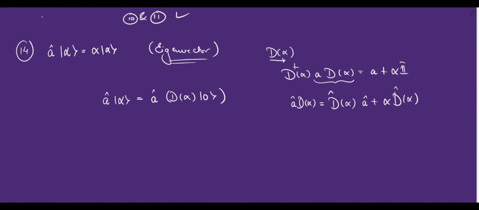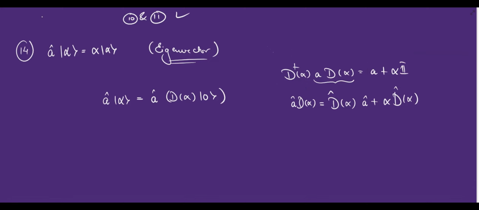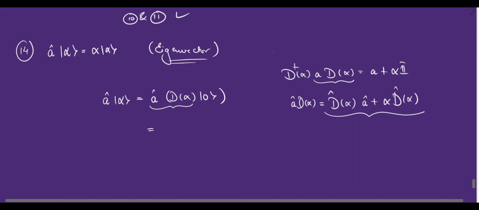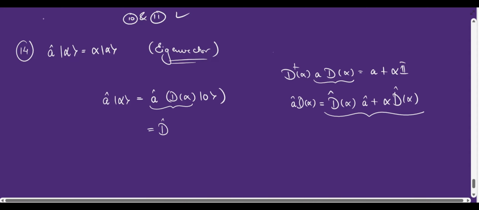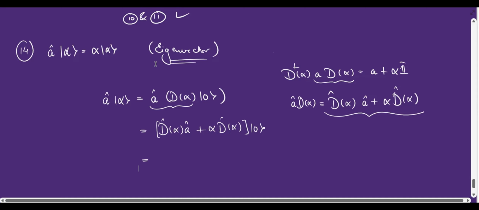So on the left hand side, D of alpha into D dagger alpha is equal to identity because of the unitarity property, and here this thing remains D of alpha. So that is how I got this particular relation. So this thing here I can substitute with this one's right hand side. So this becomes D-cap of alpha a-cap plus alpha times D-cap of alpha, acting on the single mode vacuum state.